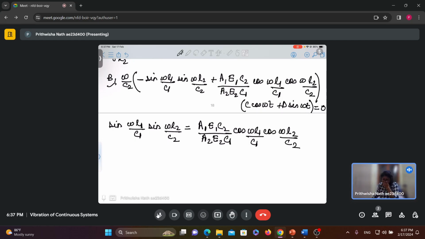I can write like this. So if I further rearrange these terms, this becomes sin(omega L1 by C1) into sin(omega L2 by C2).